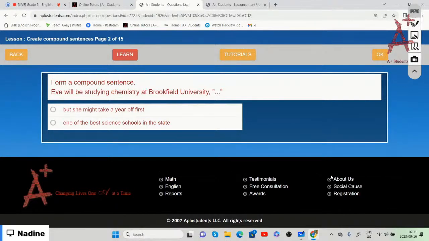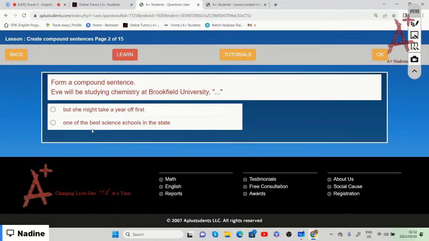Eve will be studying chemistry at Brookfield University. So we need to form a compound sentence.